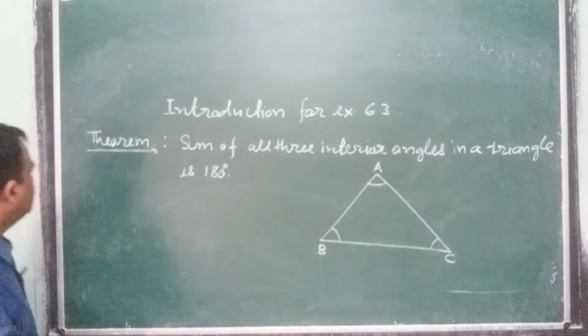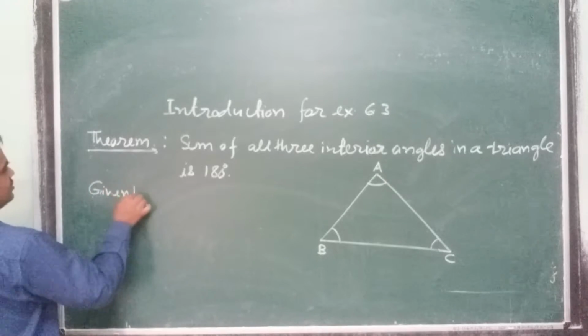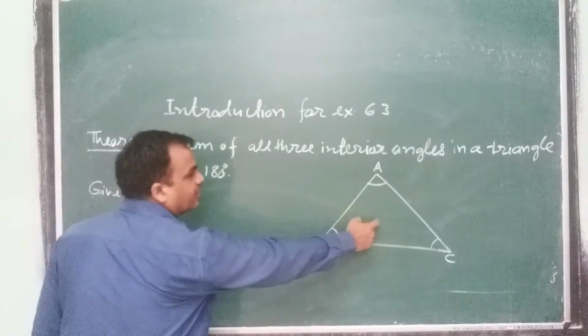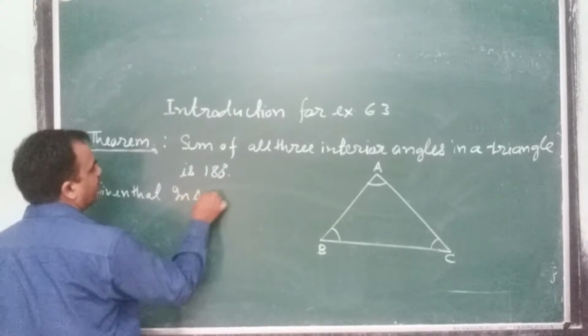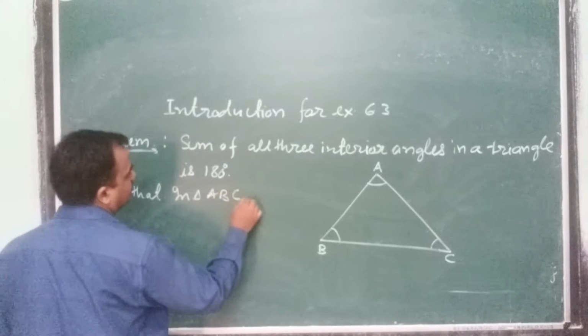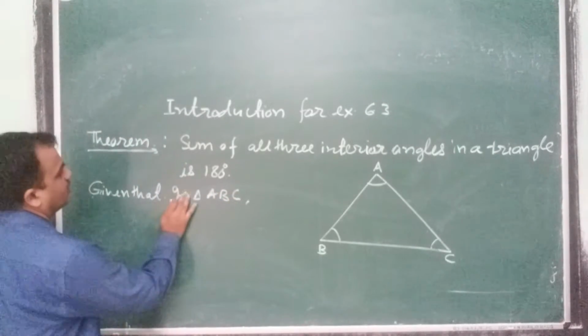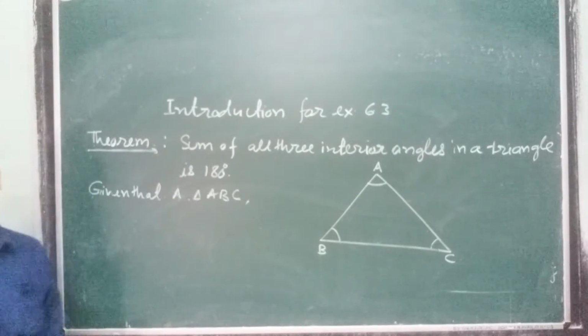Okay. So let us write the first thing that is given there. Now you have got a triangle named here. So you will be writing, in triangle ABC, this triangle is given to you.